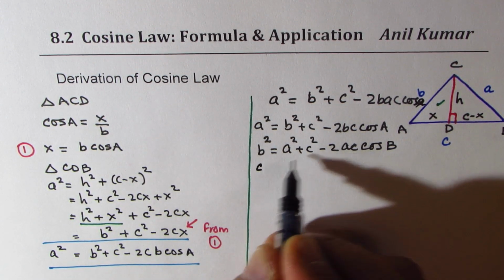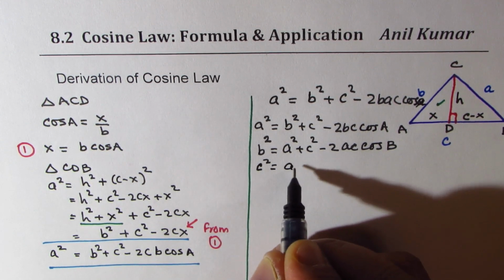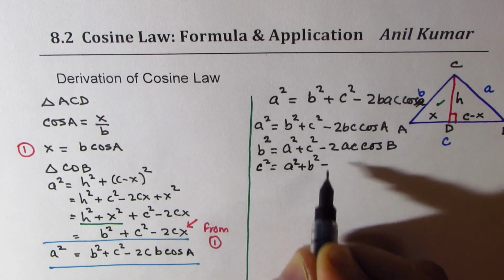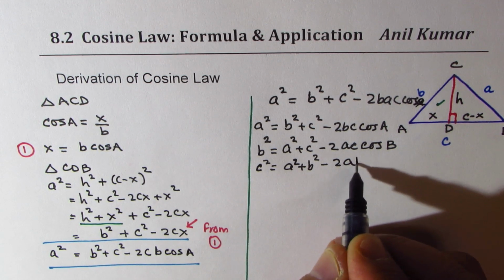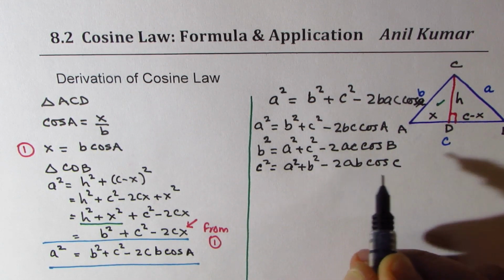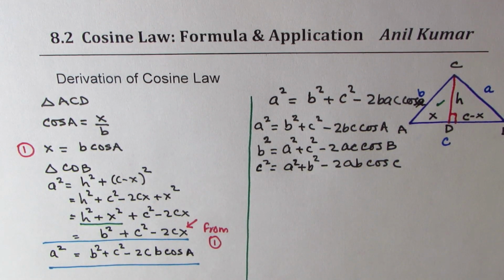And similarly, we could also write this as c square equals a square plus b square minus 2ab cos of C. Now this is called cosine law.